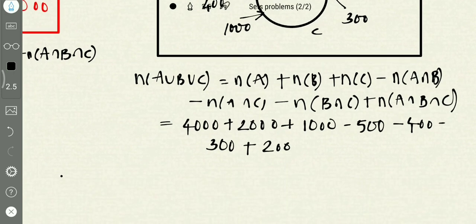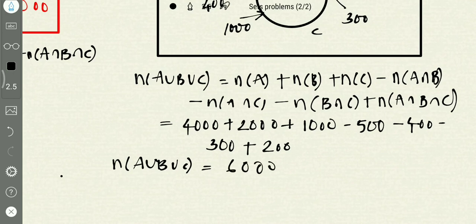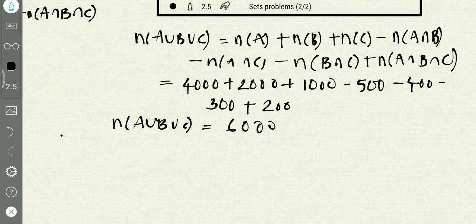So if we calculate, n of A union B union C is equal to 6000. So 6000 students opt for any of the branches. So how many students do not opt for any of the branches?